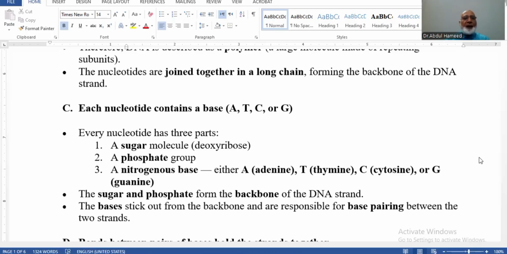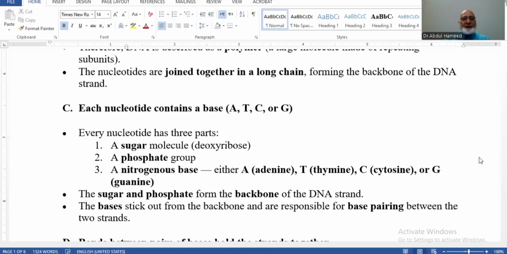Every nucleotide has three parts: a sugar molecule, and in the case of DNA, the sugar is deoxyribose. That's why its name is deoxyribonucleic acid. Then the phosphate group, and the third one is the nitrogenous base. A base contains a nitrogen atom, either A, which is adenine, T, thymine, C, cytosine, or G, guanine.